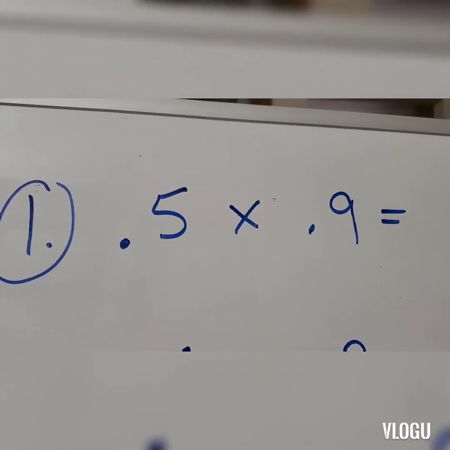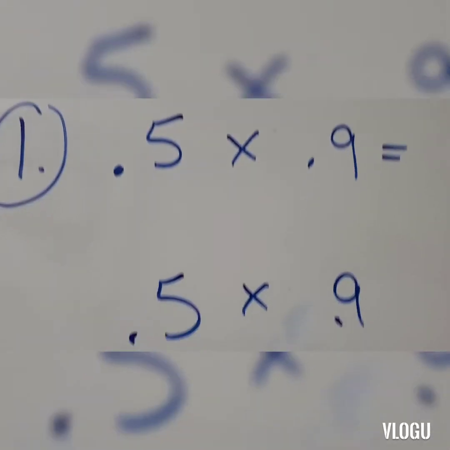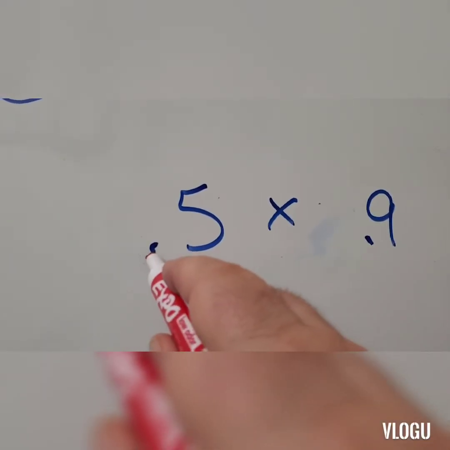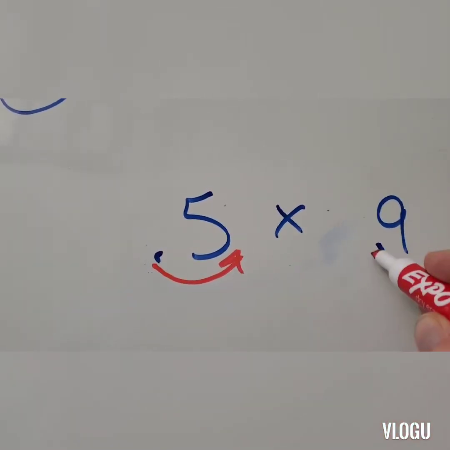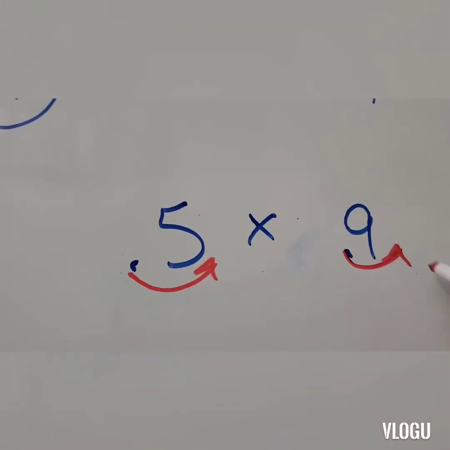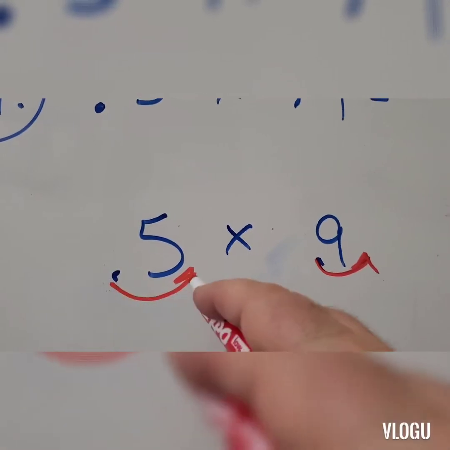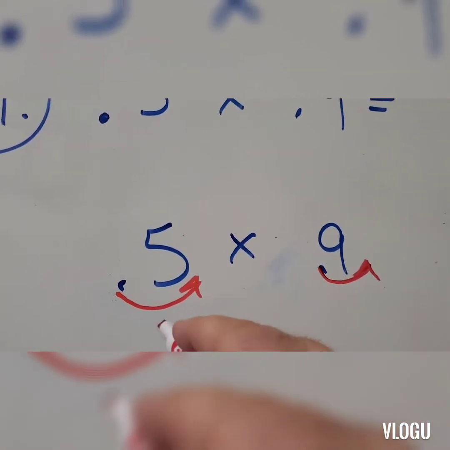Number 1. First thing I'm going to do is do the decimal slide and get my decimals out of the problem. I moved one spot here.